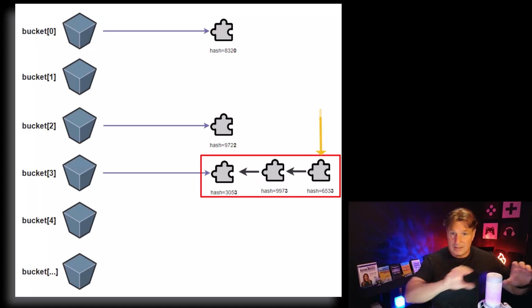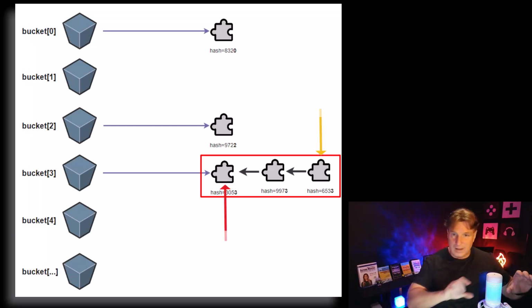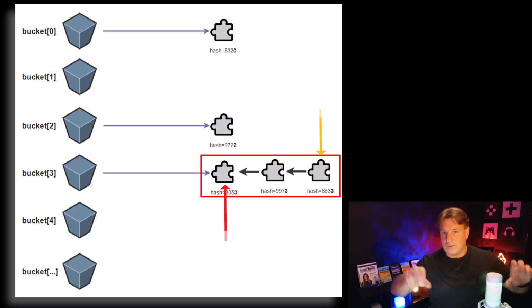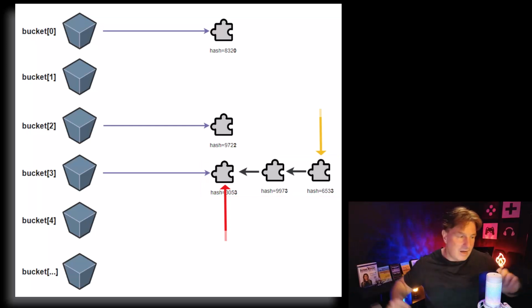So one node at a time, we ask: does the key dot equals movie? We want to do an equals comparison, not just a hash code. And we do that until we find it.